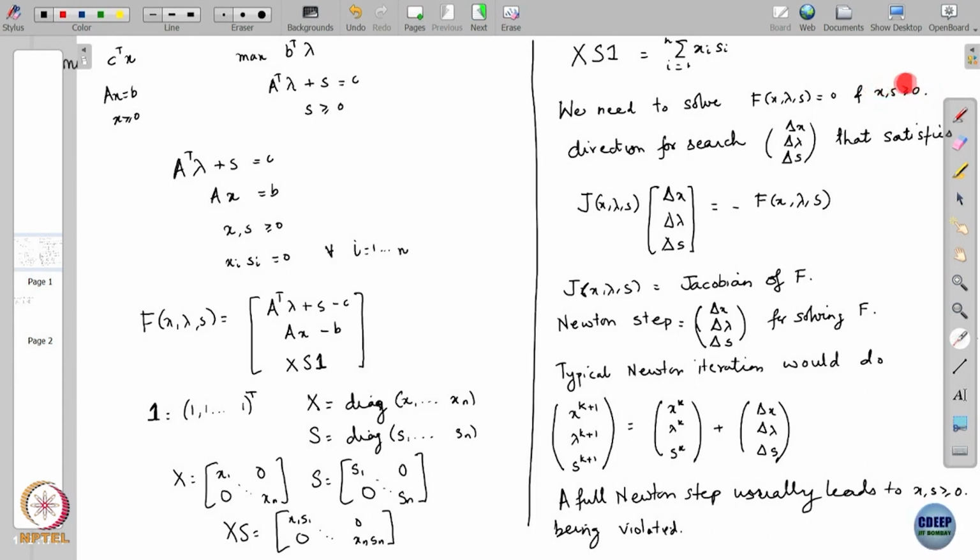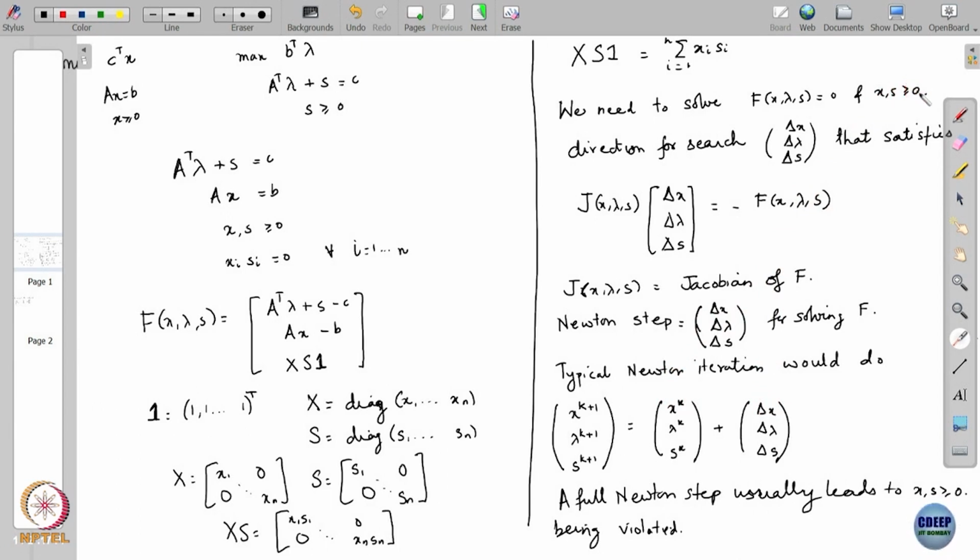If you did only that, you would take a Newton step to the extent that you can without violating feasibility.